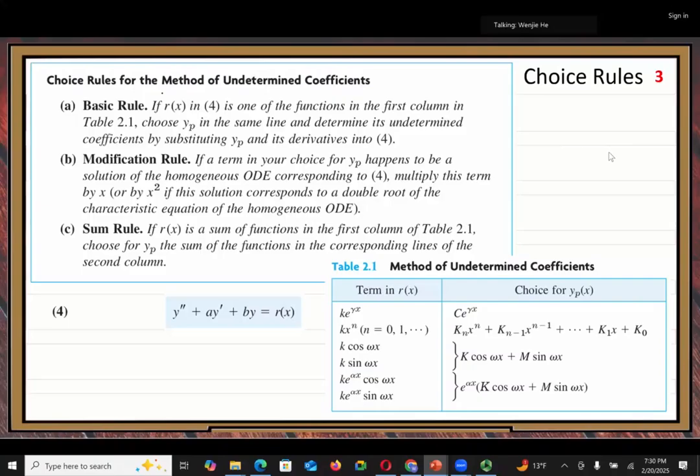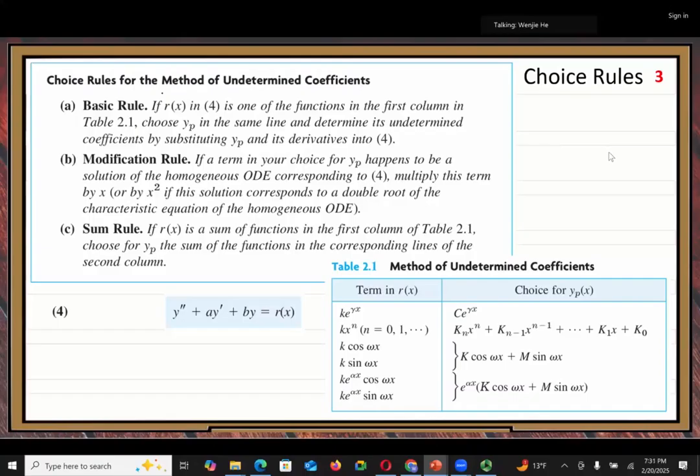If your R term takes the form in table 2.1, the left column, then you select the corresponding row of the right column for YP. So the A rule is simple, the basic rule.